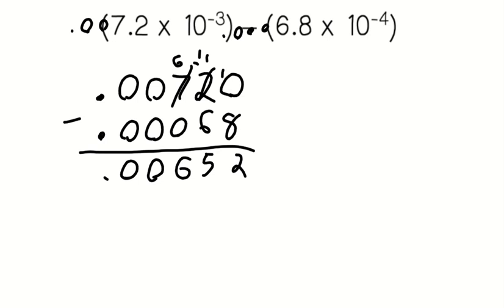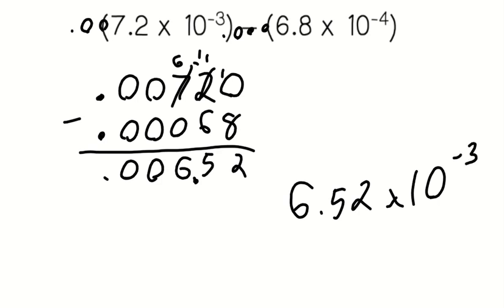So to go back to scientific notation then, where's my decimal go on this number? Between the 6 and the 5, we need a single digit number. So I have 6.52 times 10. How many digits I got in between? 3. 2 zeros and a 6.